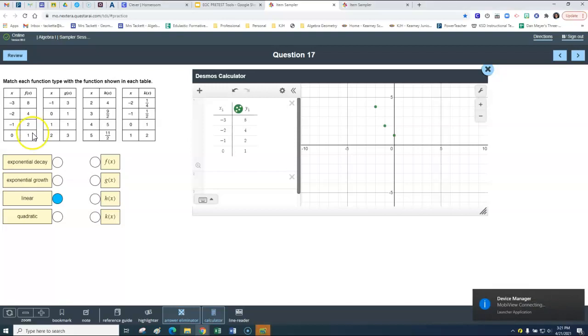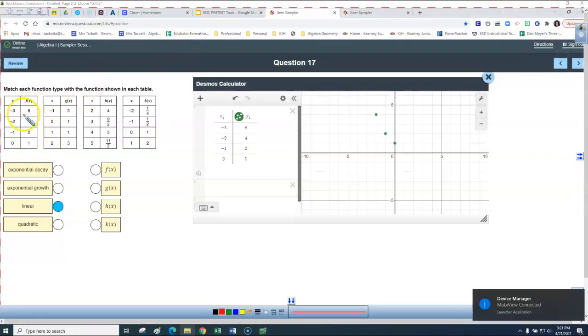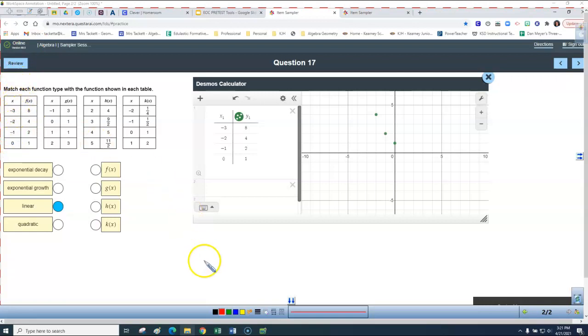So I'm going to check out, first of all, you want to make sure that your x's are going by ones. So like -3 and -2, what's the difference between those? 1. You add 1. You add 1 and you add 1. So I've got, and I'm going to switch colors here real quick, I've got 1, this is 1, and this is 1. So then you want to check out the difference between 8 and 4.